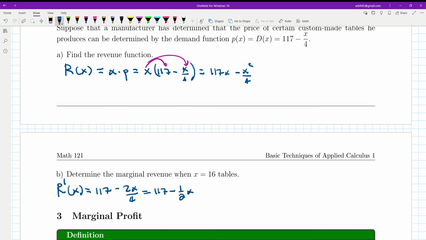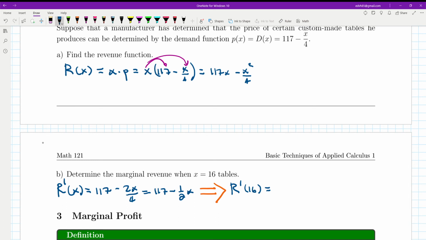So that's the derivative: 117 minus 1/2 x. Now what we need to do is evaluate this derivative at the value where x equals 16 tables, and then we're going to interpret that result.